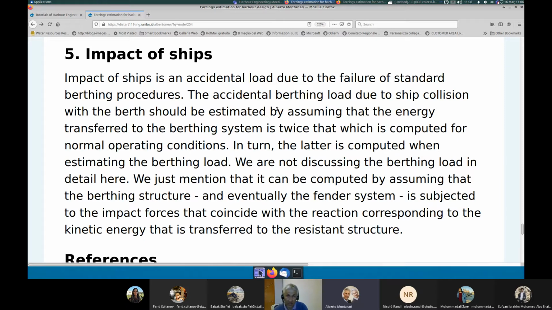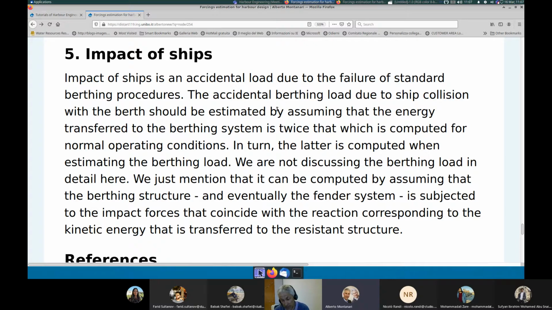So the technical guidelines, for instance, tell you that you should take the load originated by wind forcing not contemporary to the load originated by wave forcing. They say that there is a concurrency factor to be applied to one of the two forcings, which is a reduction factor.